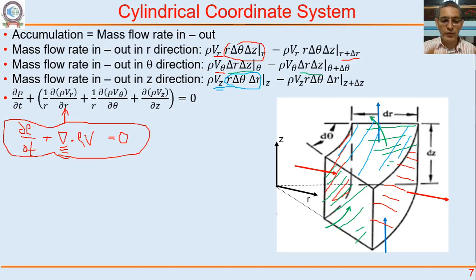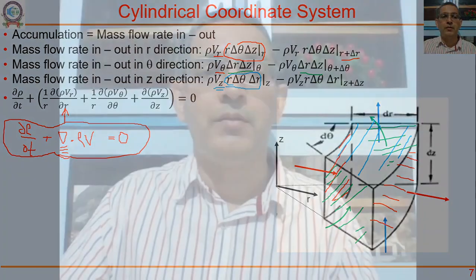Okay, so visualize all this for yourself. Make a box in the Cartesian coordinate system, make a box in the cylindrical coordinate system. Cylindrical coordinate system is like a piece of a cake, right? So think about that. Anytime you cut a cake at two different values of theta, you will get a sector, you will get an arc, you will get a piece of cake.